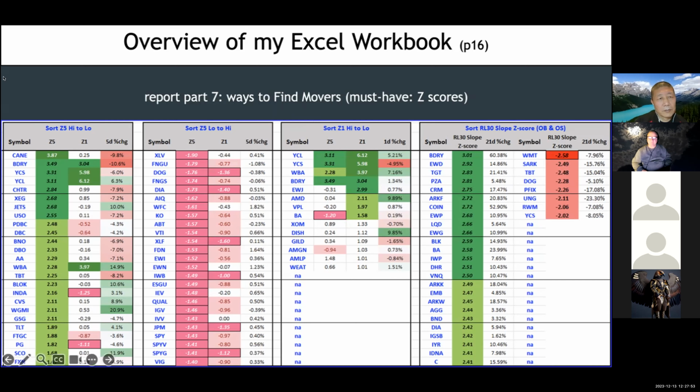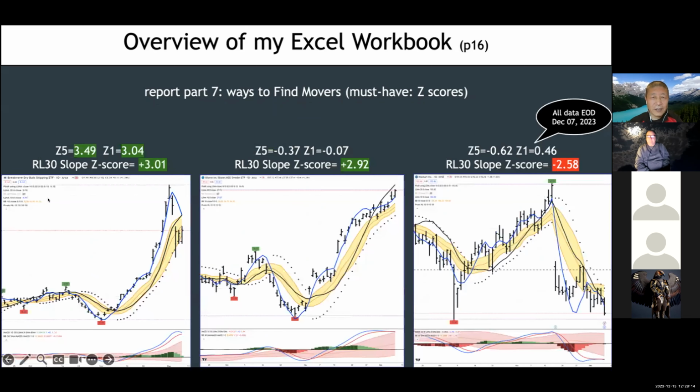This one is just sorted by Z1, the 1-day volatility. So the Z score, the largest one, and this is the smallest one, overbought, oversold. So next one, you can see how powerful this is.